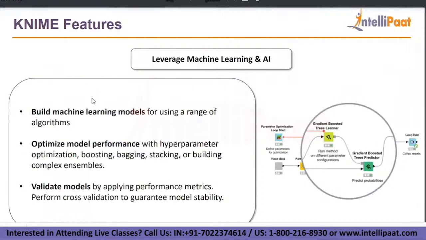Whenever you are dealing with model building, evaluating and validating your model, how well your model is predicting, how efficient it is, and what you need to do to optimize model performance, everything will be done by a drag and drop procedure.